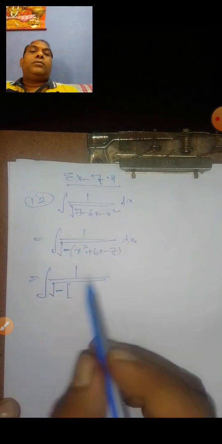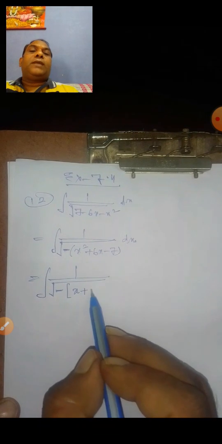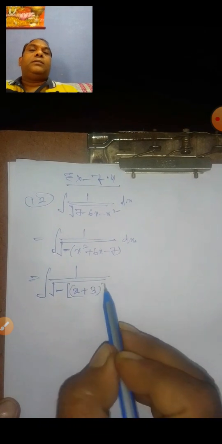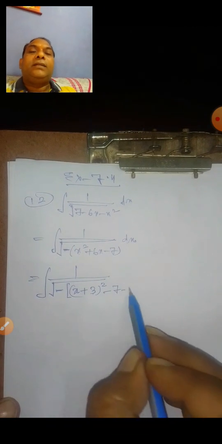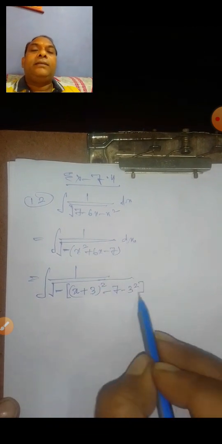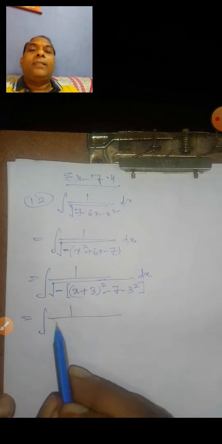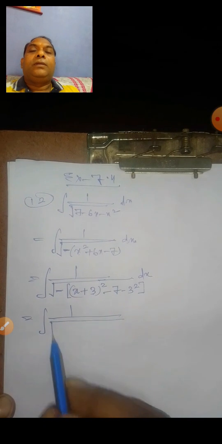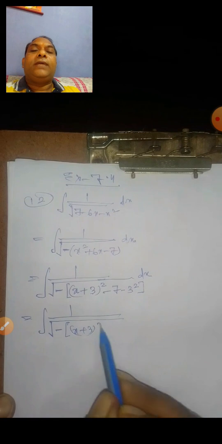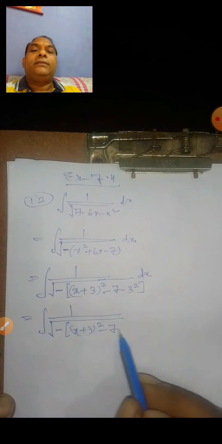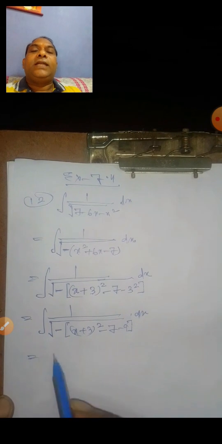Now taking the square root of x square, divided by 2x, and subtract the square of 3, which will be equal to integration of root of minus (x plus 3) whole square minus 16. 7 minus 9 will be 16.